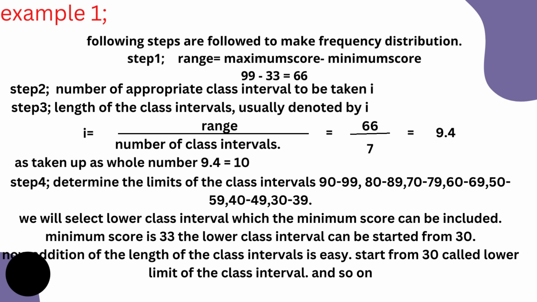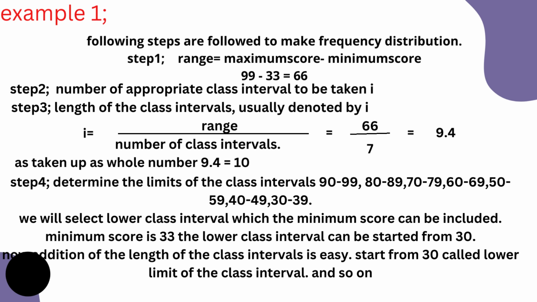The second is the number of appropriate class intervals to be taken, which is 7. The length of the class interval, usually denoted by i, is range divided by number of class intervals, that is 66 divided by 7. It gives us 9.4, which taken as a whole number is 10.